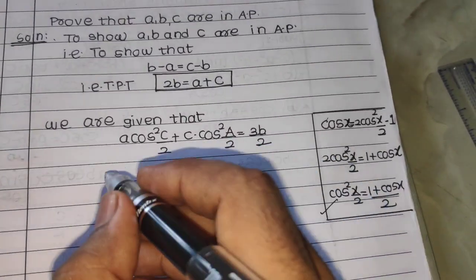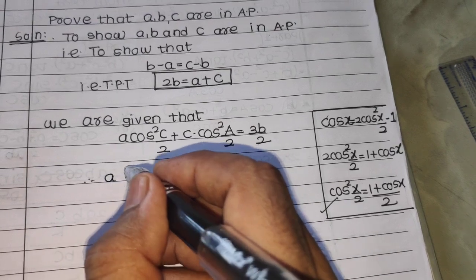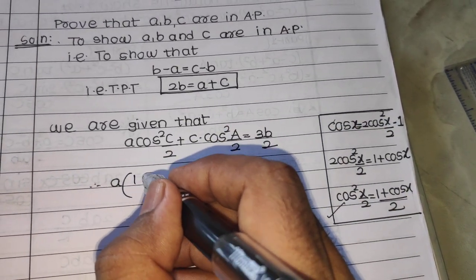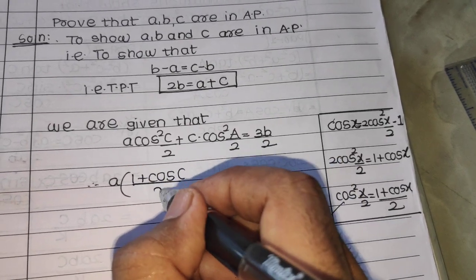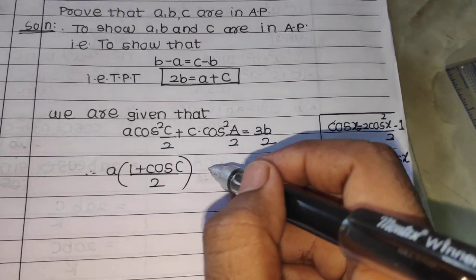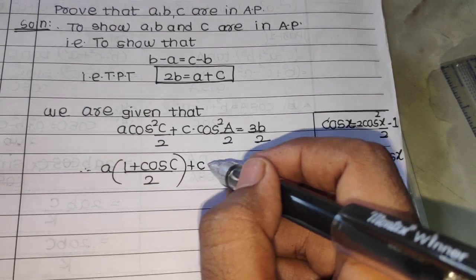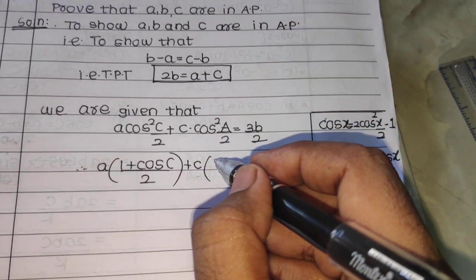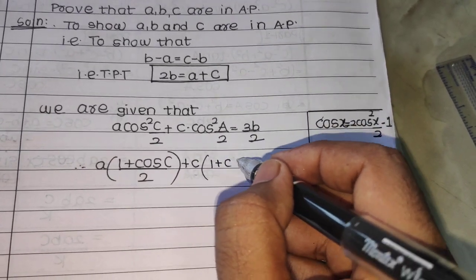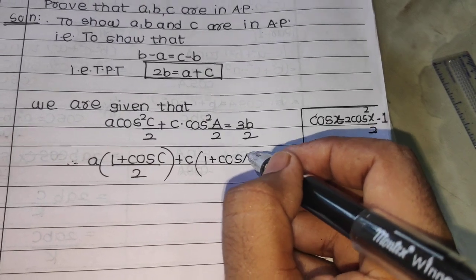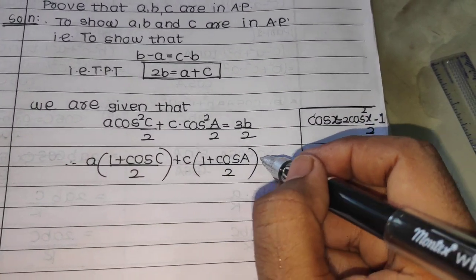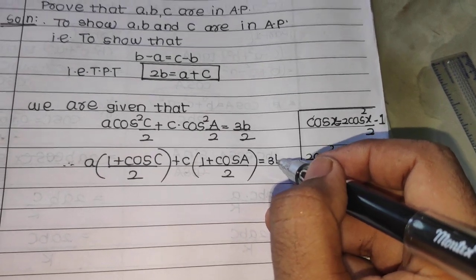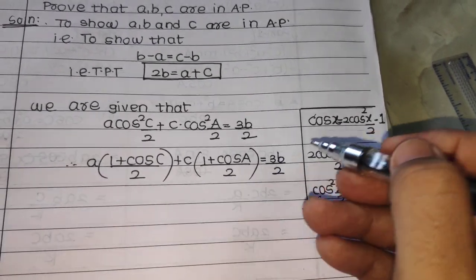These are the modifications which we can definitely use and solve questions. So here we have cos square C by 2 is 1 plus cos C whole divided by 2, cos square A by 2 is 1 plus cos A by 2, which equals 3b upon 2.